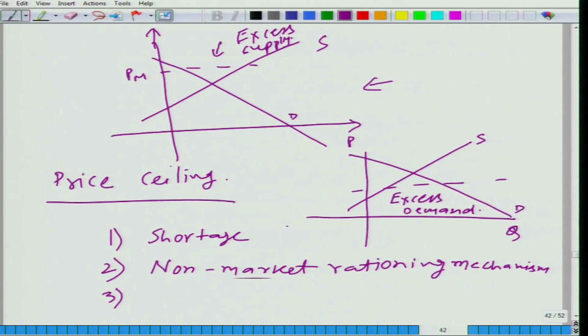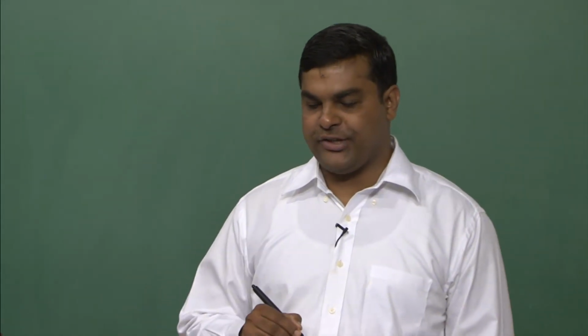We are talking about the effect of price ceiling on the market, and one thing that we saw clearly is that whenever the price determined by the government or by law is lower than the market equilibrium price, we get shortage.